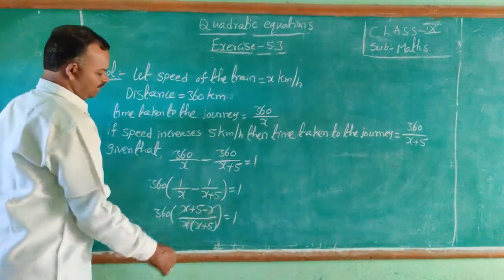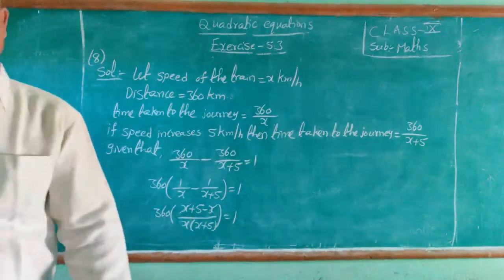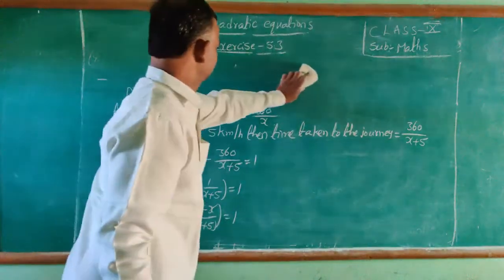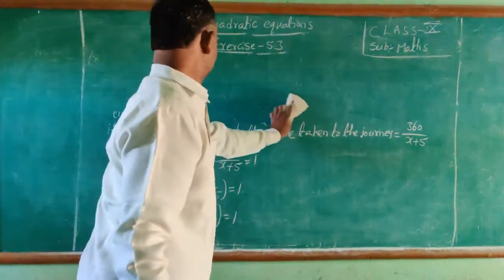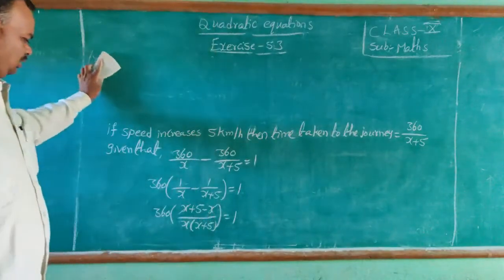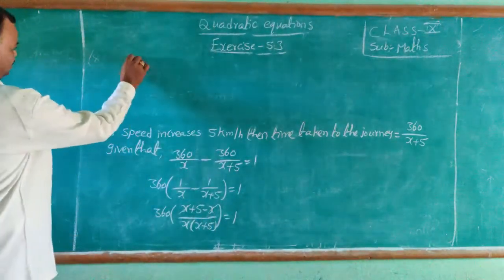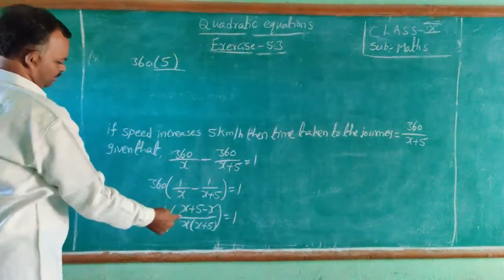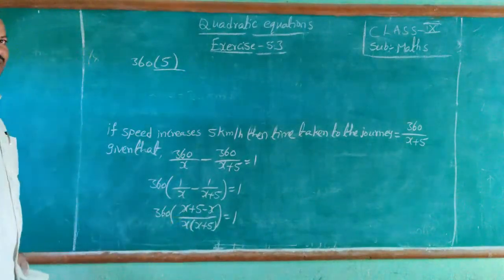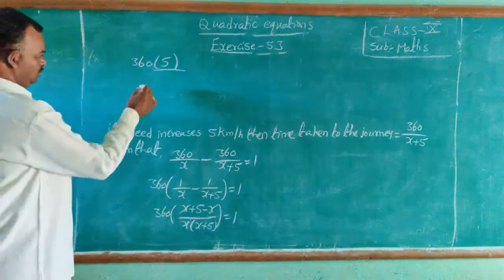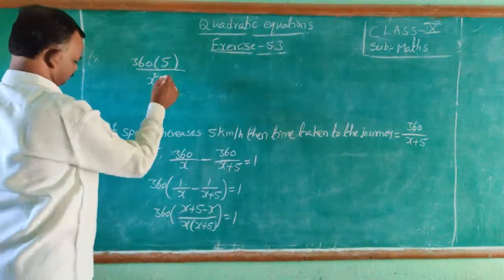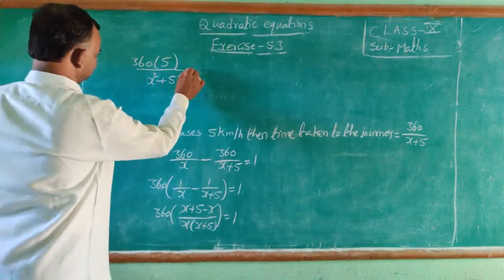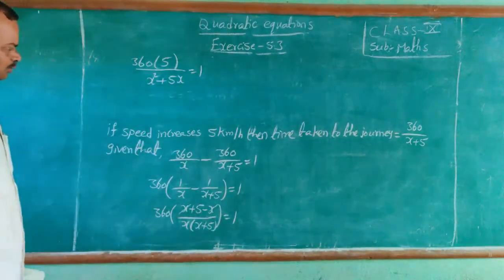Cancel values, x and x are cancelled. The remaining value is 360 into 5 by x square plus 5x, that is equal to 1.